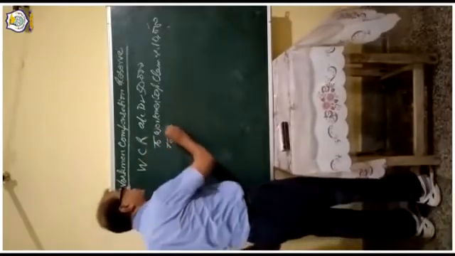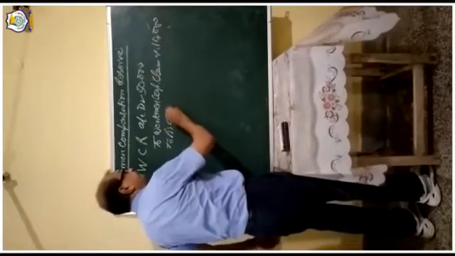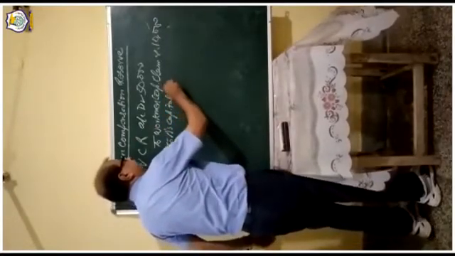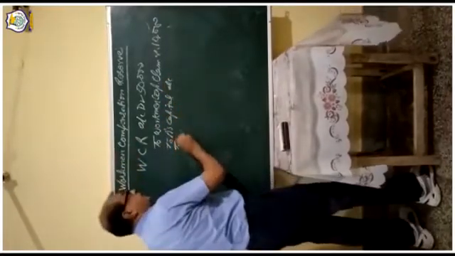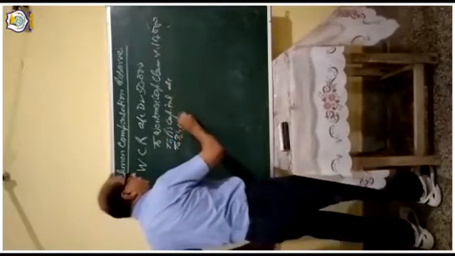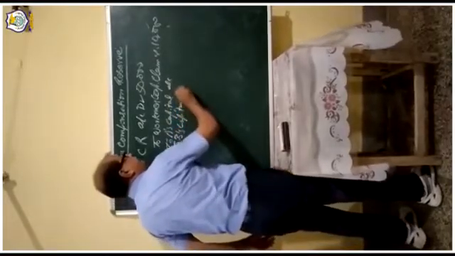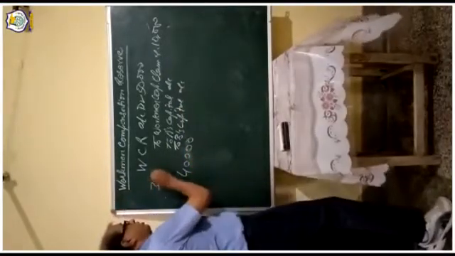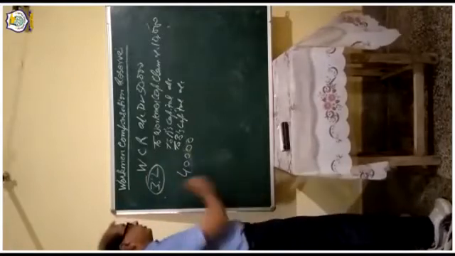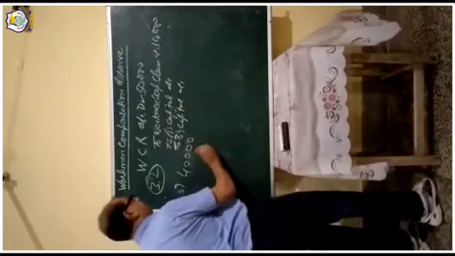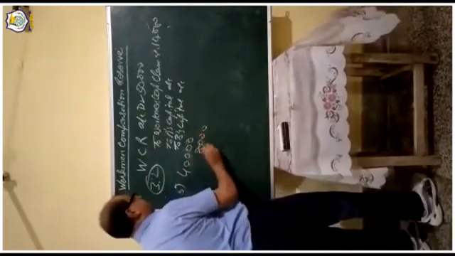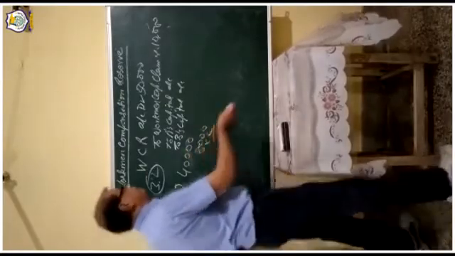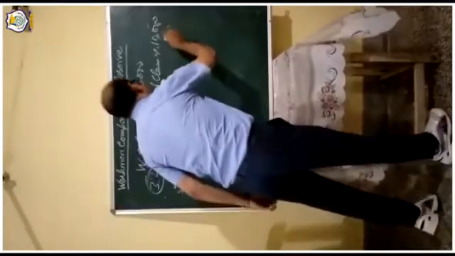This 40,000 we have to distribute among the old partners in the old profit sharing ratio. The ratio I told you is 3:2. So 16,000 will go to B and 24,000 to A. This is the calculation, very easy.